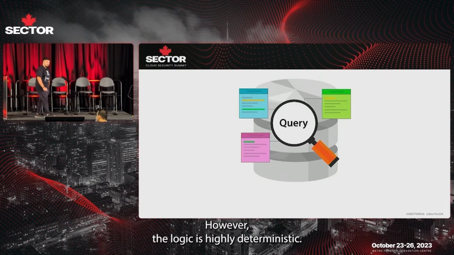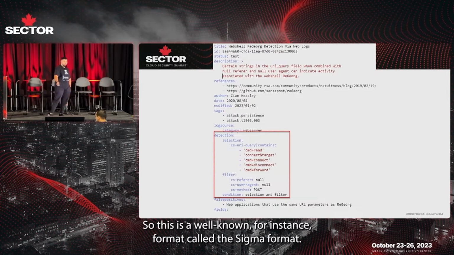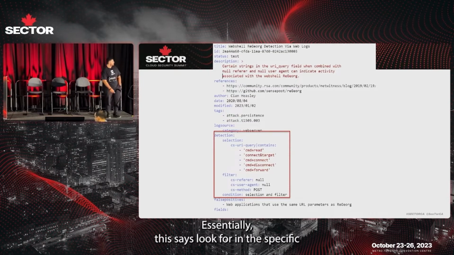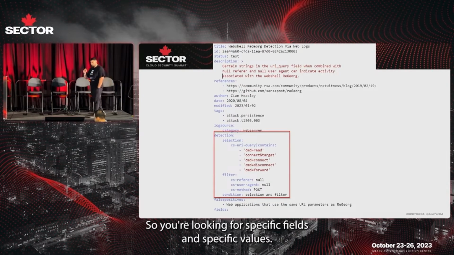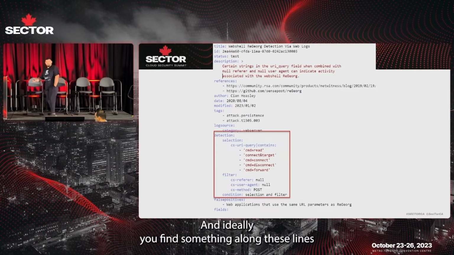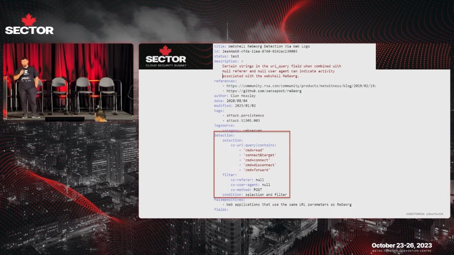However, the logic is highly deterministic. A well-known format for this is called the Sigma format. Essentially, in this specific case, it says look for commands in a web request, for instance. So you're looking for specific fields and specific values, and ideally you find something along these lines deterministically.